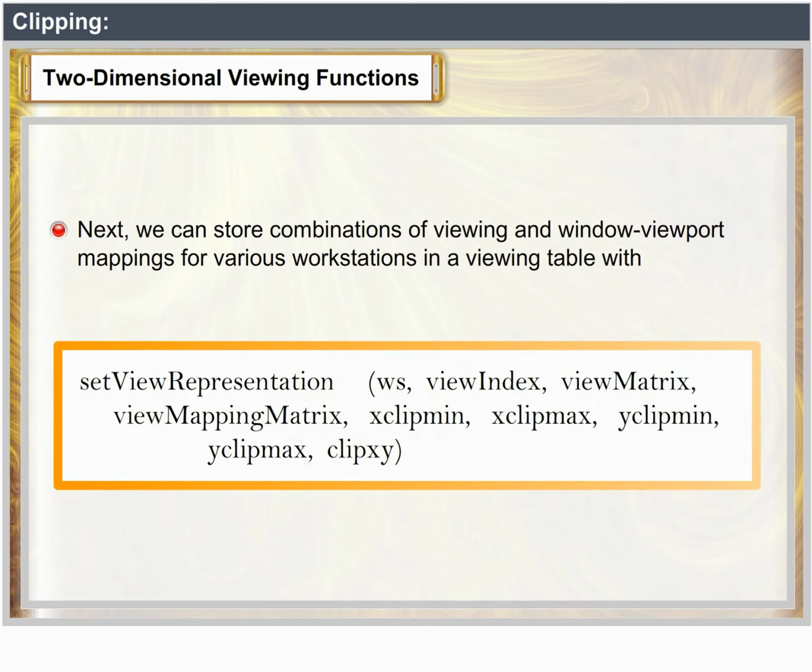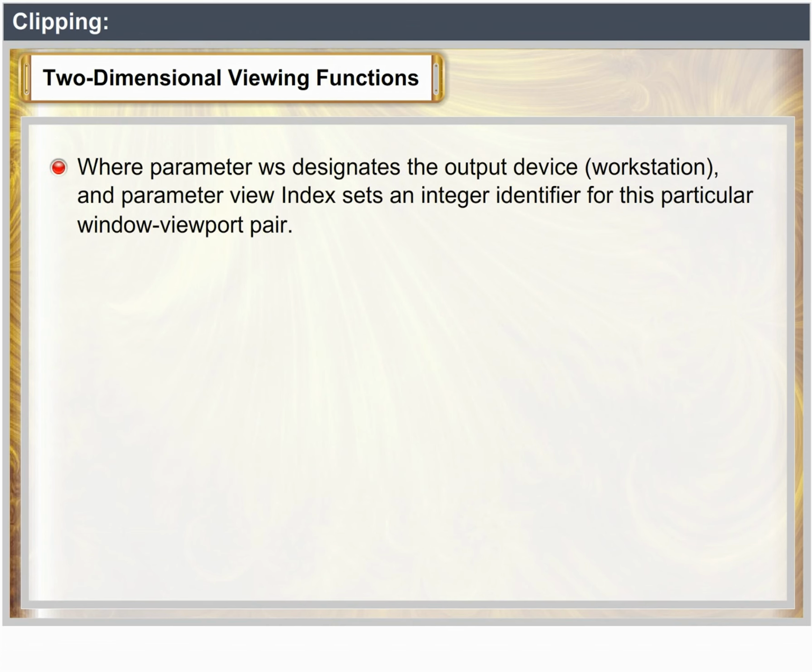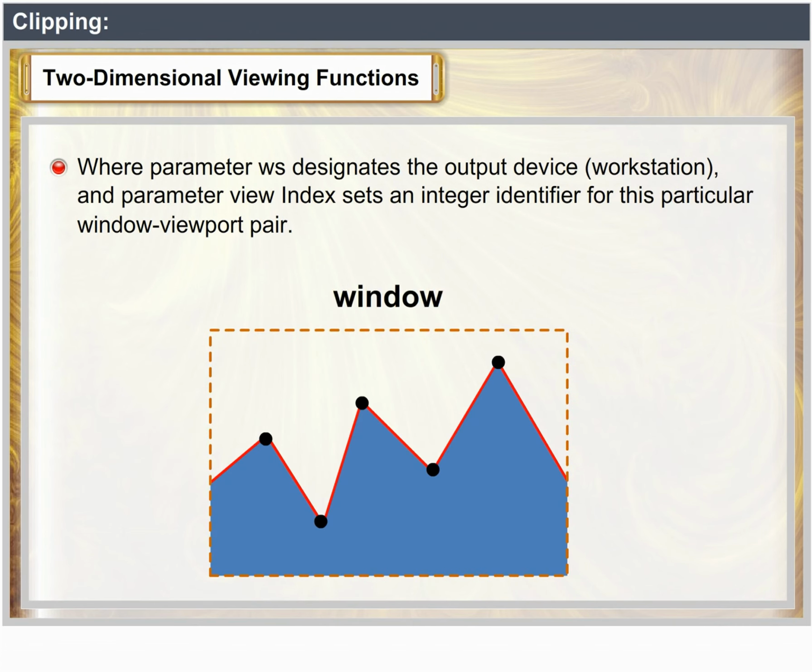Next, we can store combinations of viewing and window-viewport mappings for various workstations in a viewing table with the code shown here, where parameter ws designates the output device workstation and parameter viewIndex sets an integer identifier for this particular window-viewport pair.